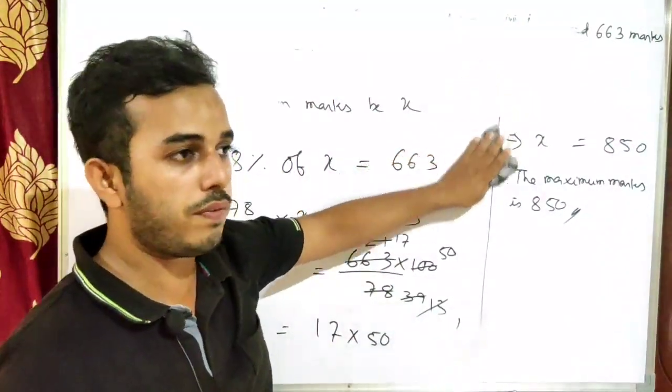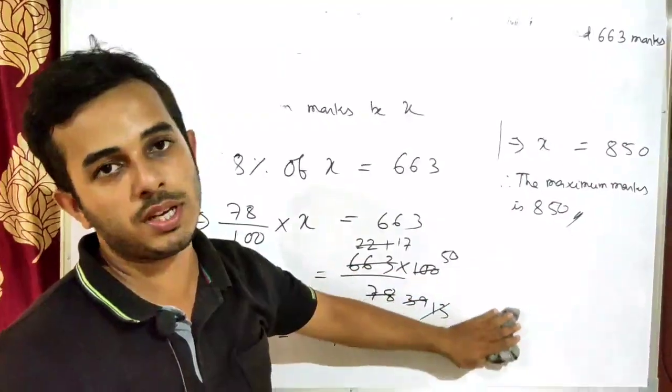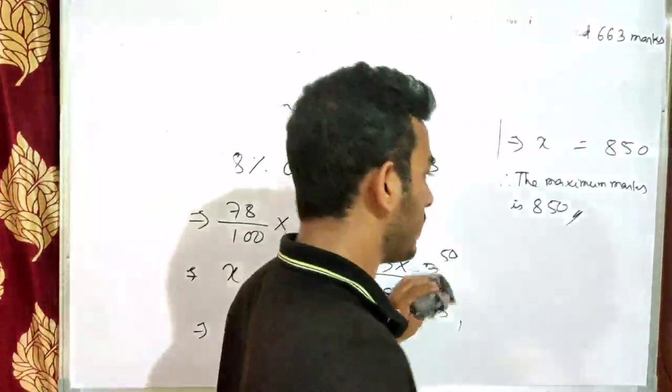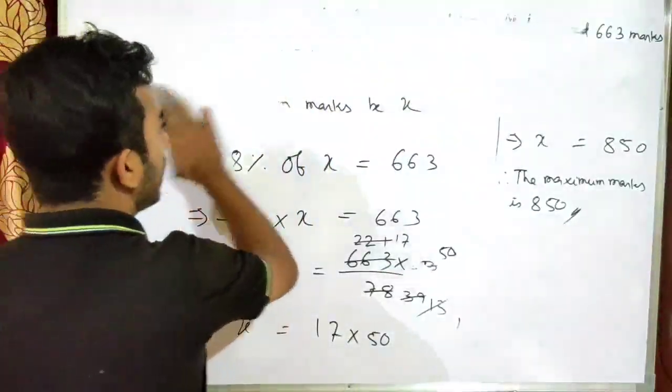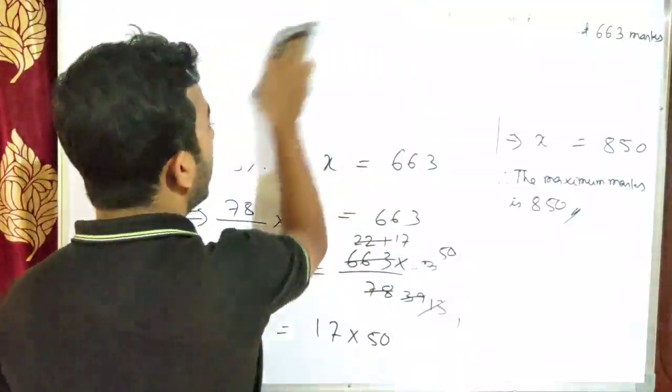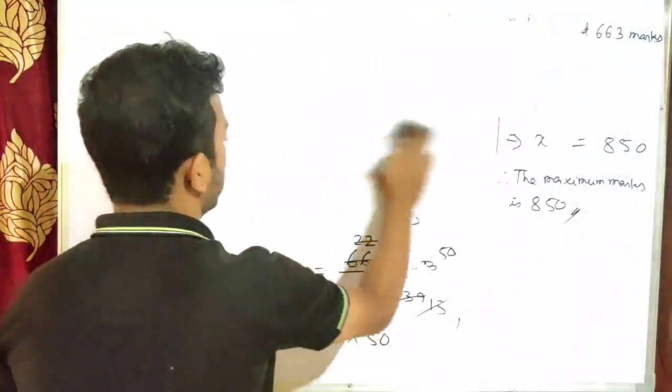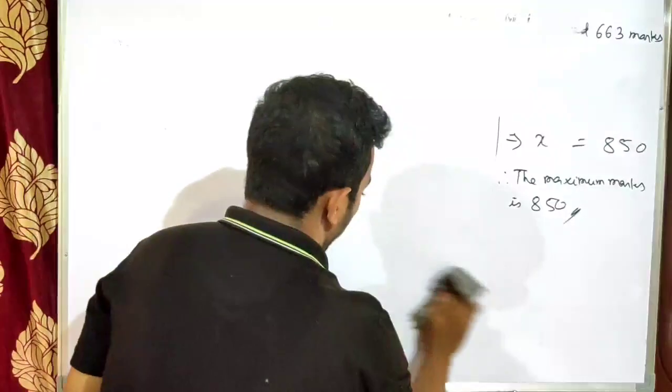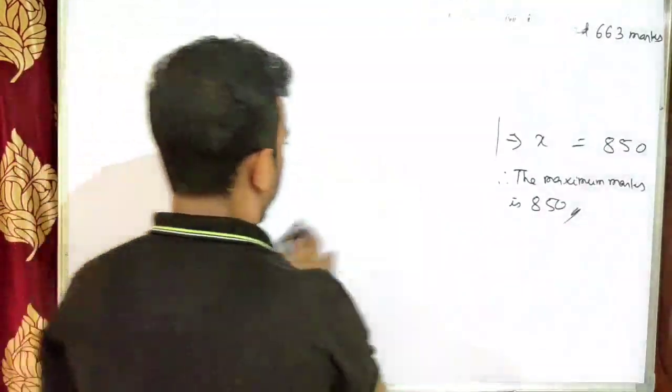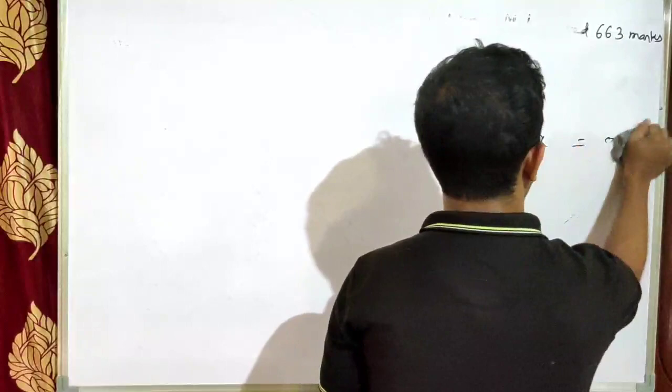If we find his expenditure, we can easily find his savings by subtracting the expenditure from his monthly income. I hope you have understood this question, and you can solve it yourself also.